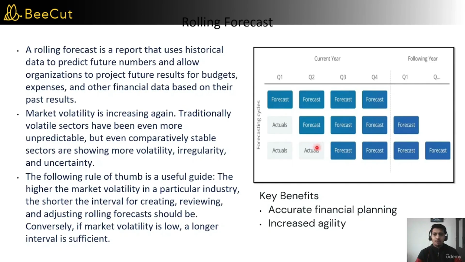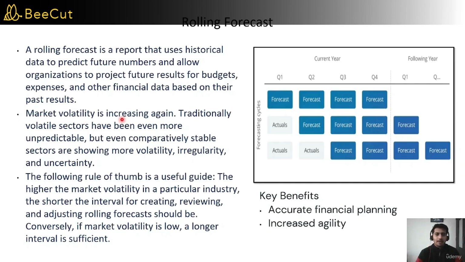So why do we say rolling? Because based upon whatever is left unconsumed in the previous quarter, we roll it to the next quarter. That's why it's called rolling forecast. Now let us talk about why the rolling forecast is getting more popular these days. Here I have mentioned in the second point, market volatility.